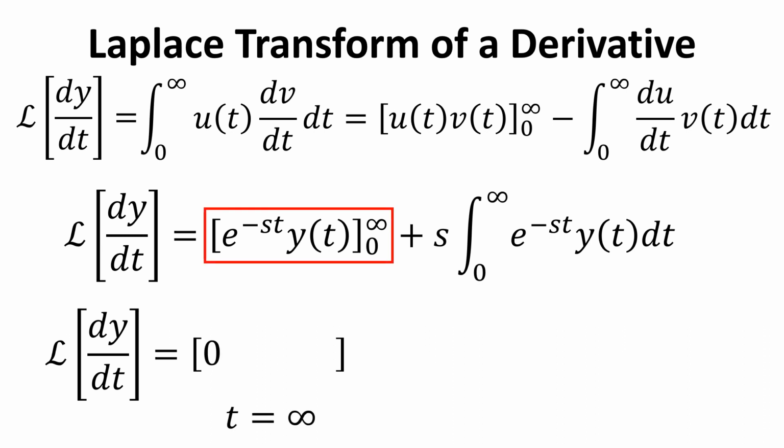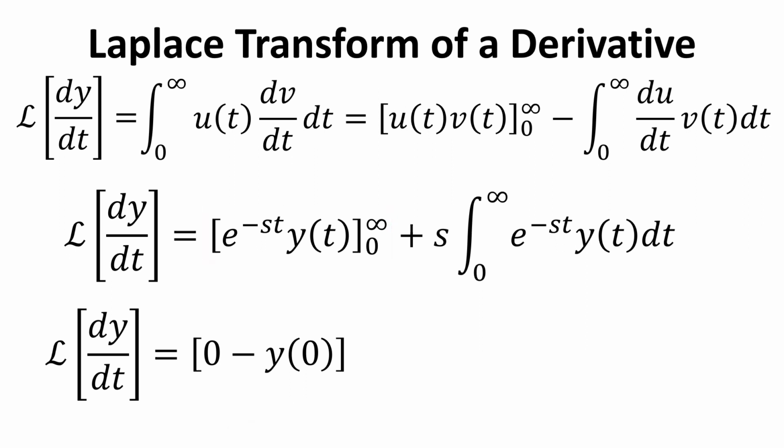So when t equals infinity, e to the power of minus st will go to 0, and so the whole thing is just 0. When t equals 0, we just have y of 0, so we just get minus y of 0 there.